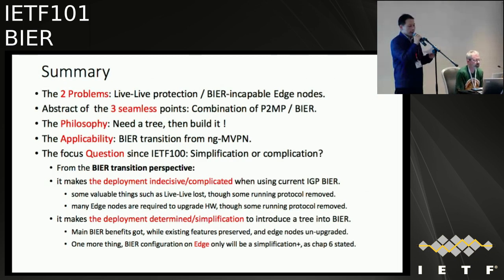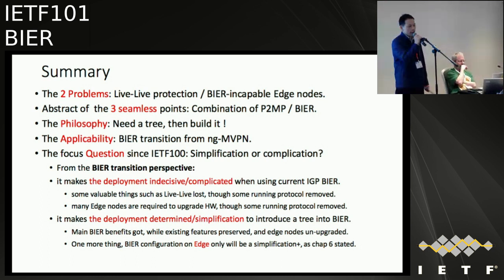So summary, the two problems and the three seamless points and the philosophy is very simple. That is, you need any of the disjoint tree, then just build it. And the target scenario is for BIER transition from NG MVPN.